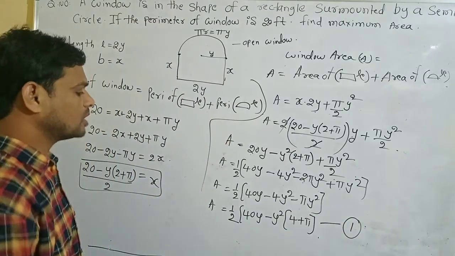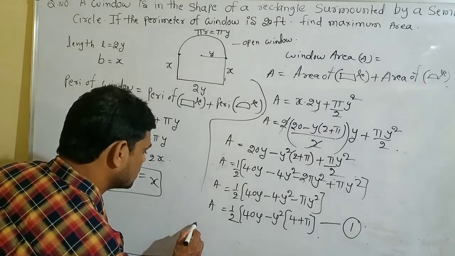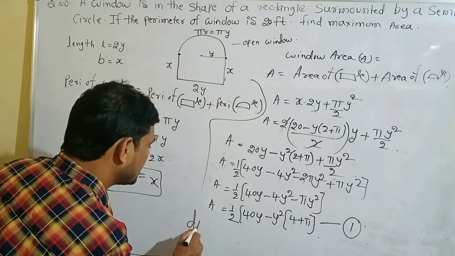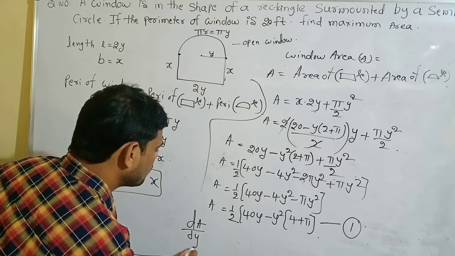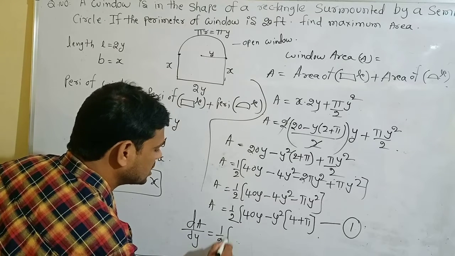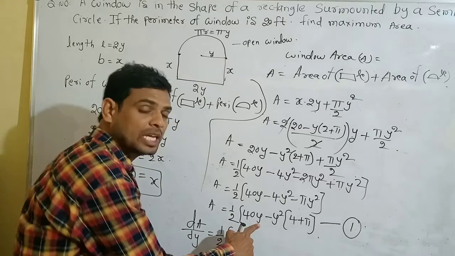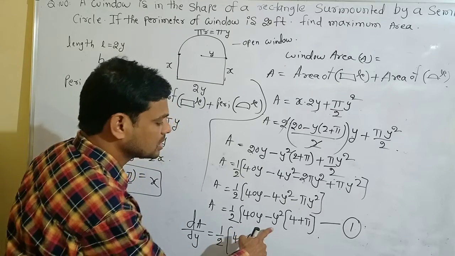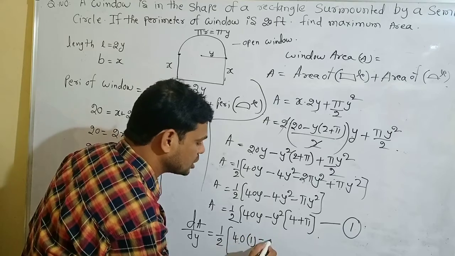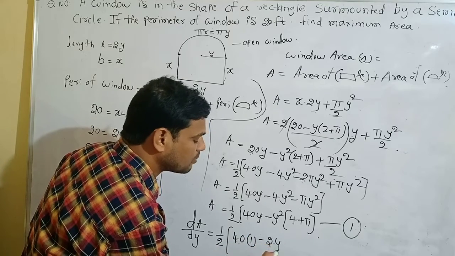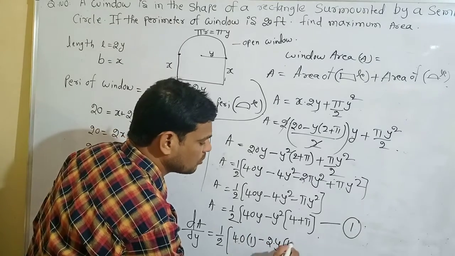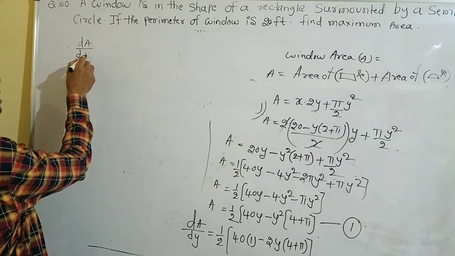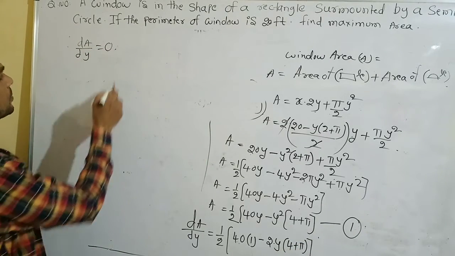Now differentiate with respect to y, since area is in terms of y. dA by dy equal to 1 by 2 of 40 into the derivative of y, which is 1, minus y square differentiation, 2 into y, with (4 plus pi) constant as it is. dA by dy equal to 0.